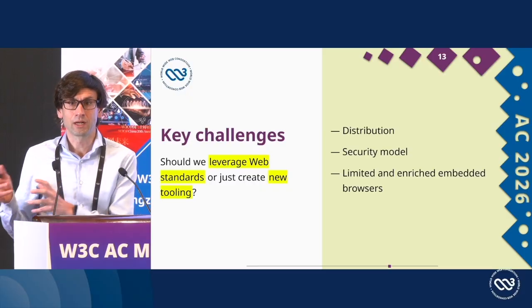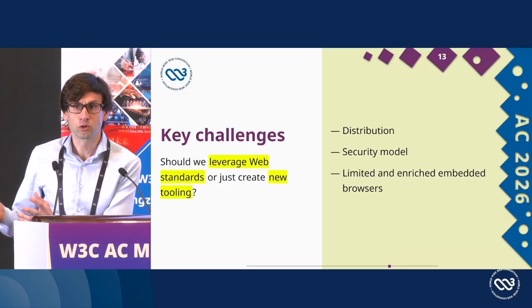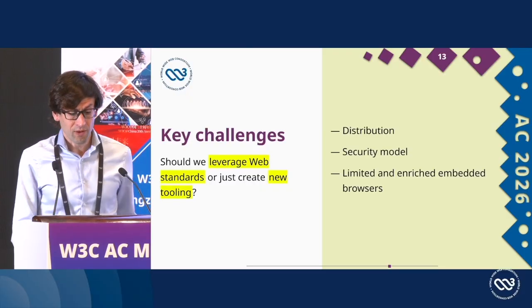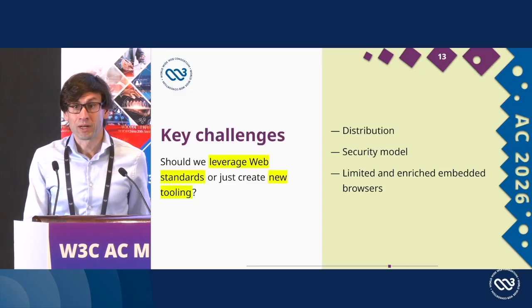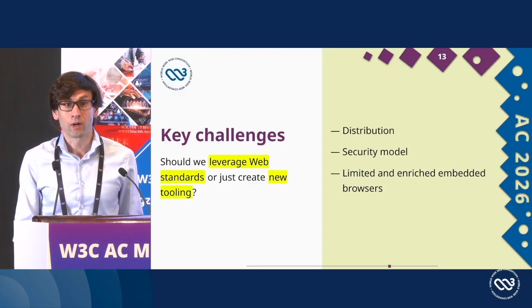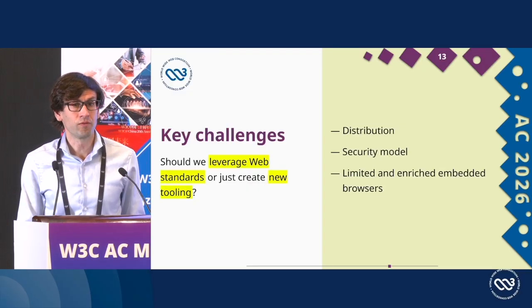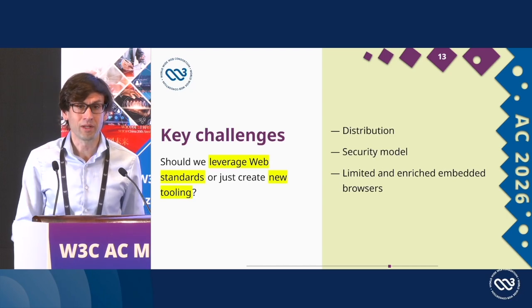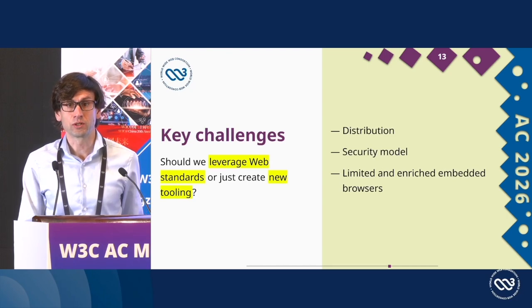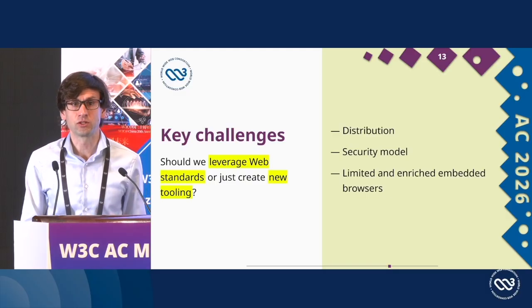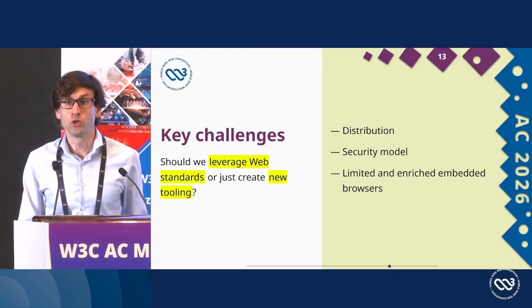We pack, we cache the information in the super app, and we need to define a new security model. But also, we need to explore how we can enrich the web views and the web engines in general with these new features, and perhaps reduce these features for specific use cases.